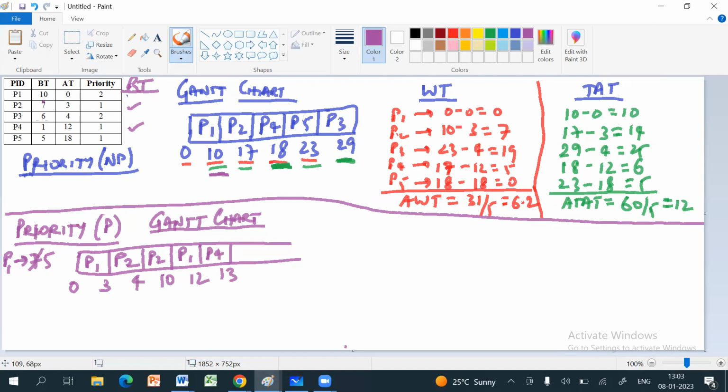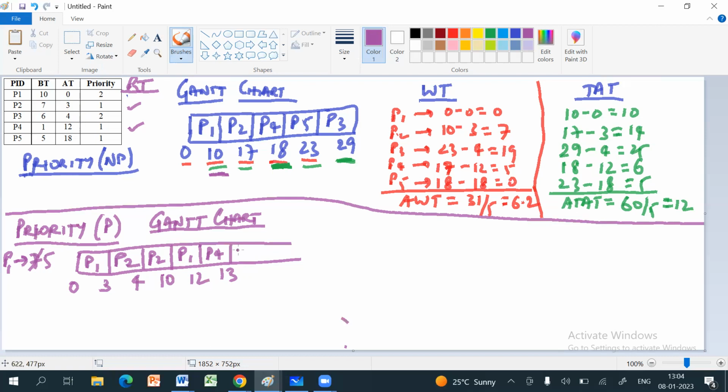I'm sorry. P3 has arrived at time 4, right? So P3 arrived at 4, and P1 started and again went back into the waiting queue. So its arrival time in the wait queue is how much? 12. The current arrival time into the wait queue is 12, but P3 has arrived at 4.